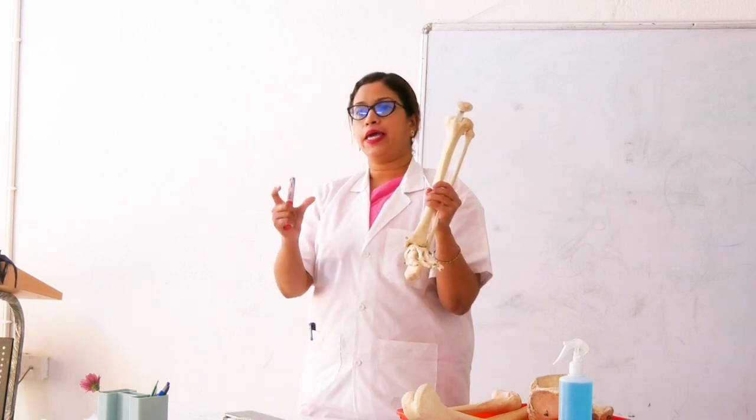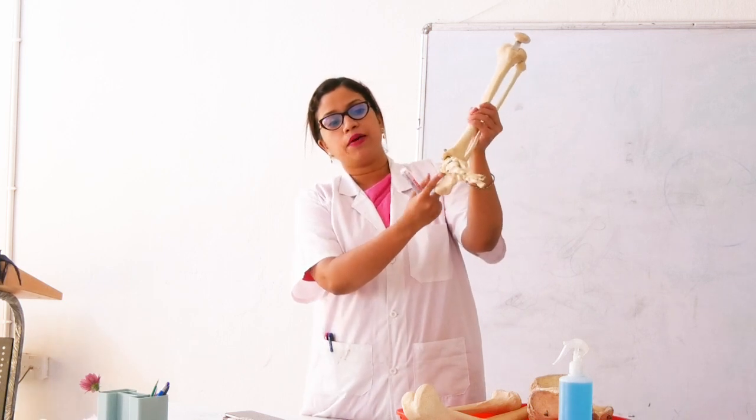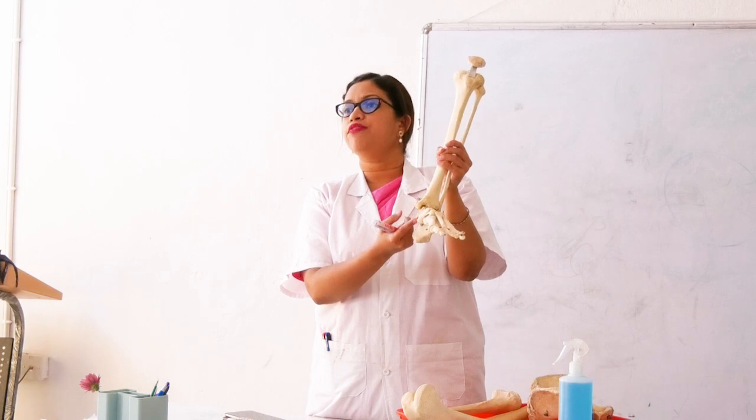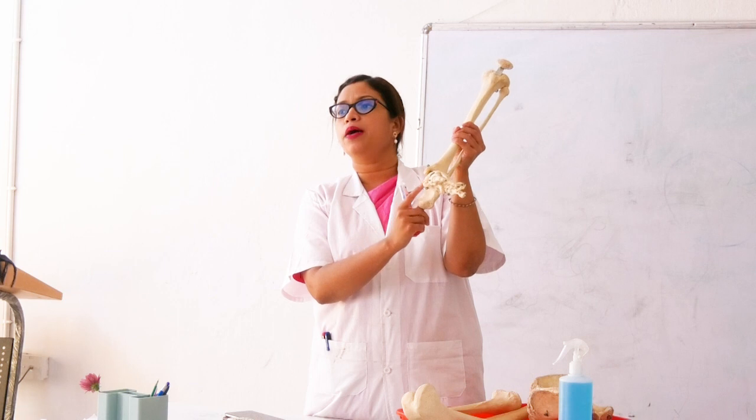Its name is sustentaculum, but it is found in the calcaneum. You could see on this calcaneum bone there is a shelf bearing the weight of the talus. So this part is known as the sustentaculum tali.